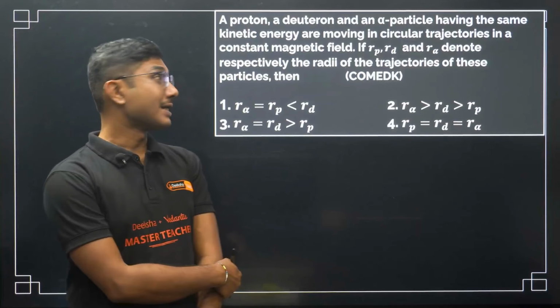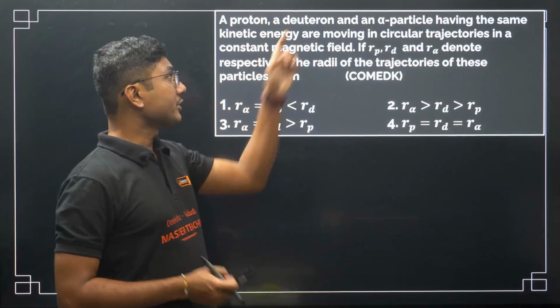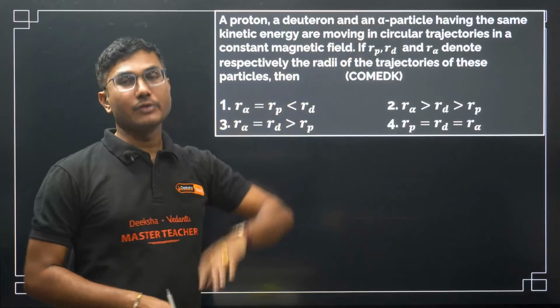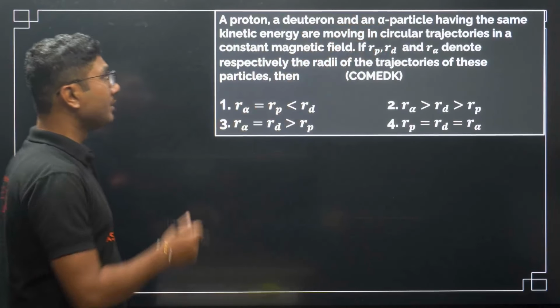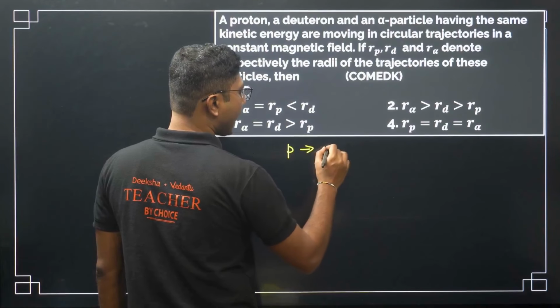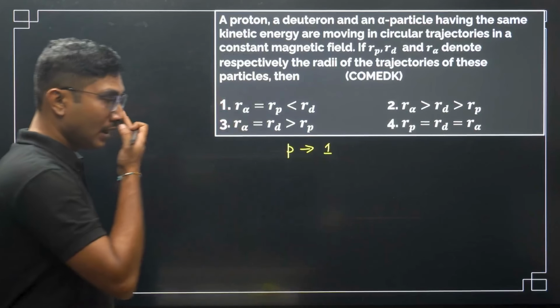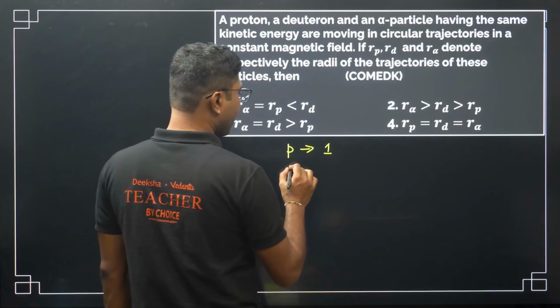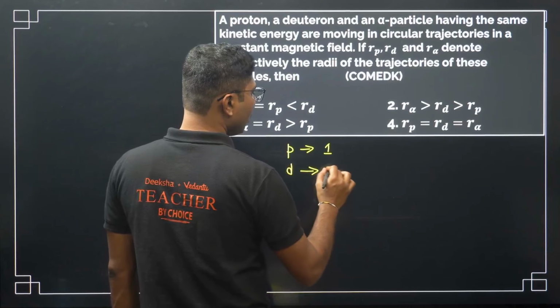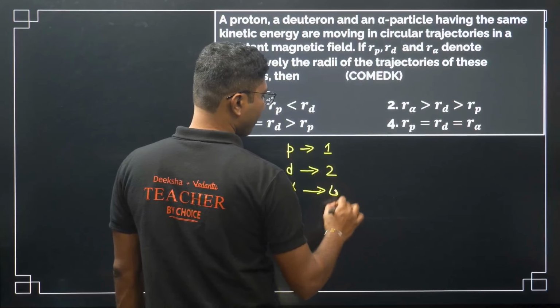In nuclear physics the introduction to deuterium and alpha particle will happen, but for now you have to remember that if proton has a mass 1, then a deuterium will have a mass 2 and an alpha particle will have a mass 4.